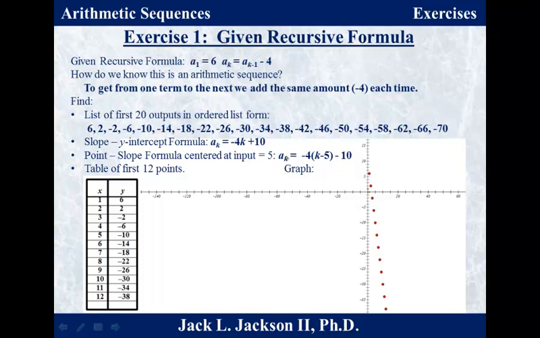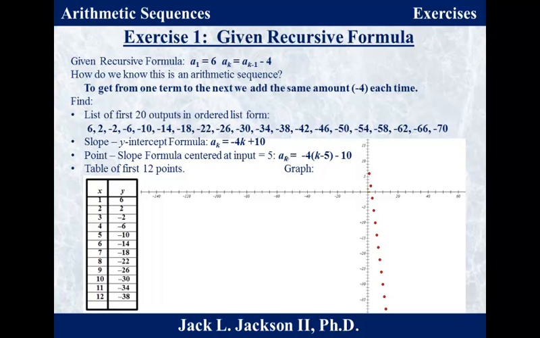In general, a point-slope formula looks like a sub k equals m times parentheses k minus a particular k, plus the particular a sub k.